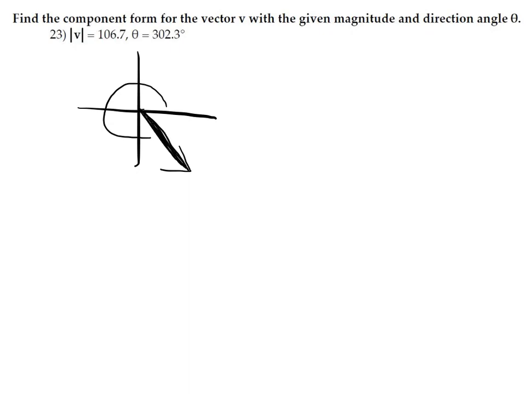This right here is the vector v. Now they want the component form, so x should be positive and y should be negative. This is a visual. X is to the right for this vector, and y is down. So you'd have to go right positive, down negative. So x is positive and y is negative to get to this location.